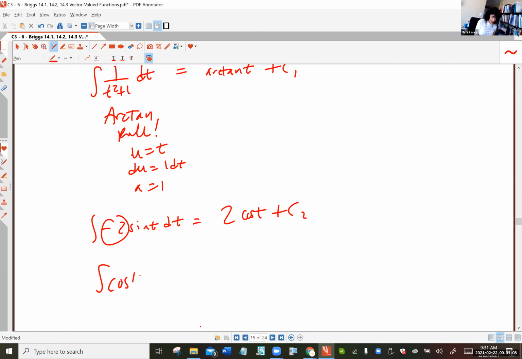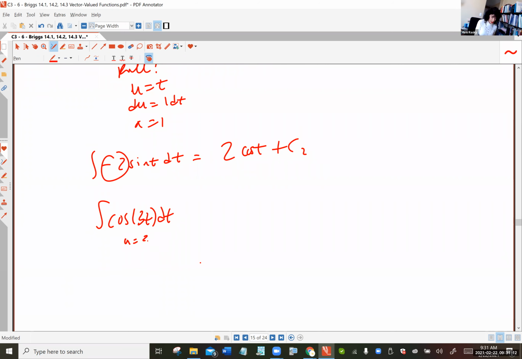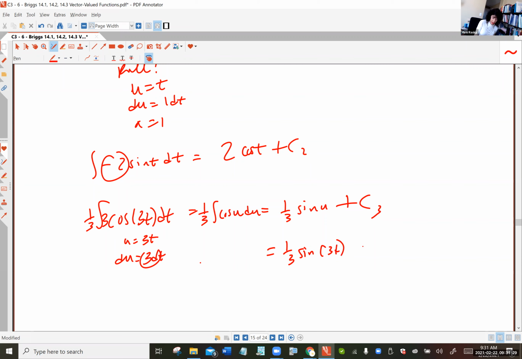And then the last one, cos 3t, you're going to use u-substitution here. You're going to need a 1/3, provided you multiply by the reciprocal. Then you'll get a sine, not negative, and then put your u back in, which would be 3t. So what do you have as your answer so far?